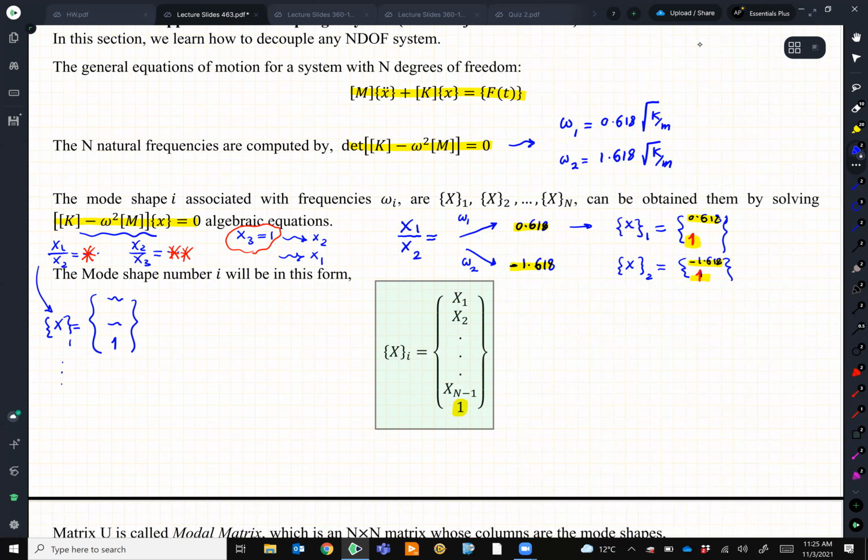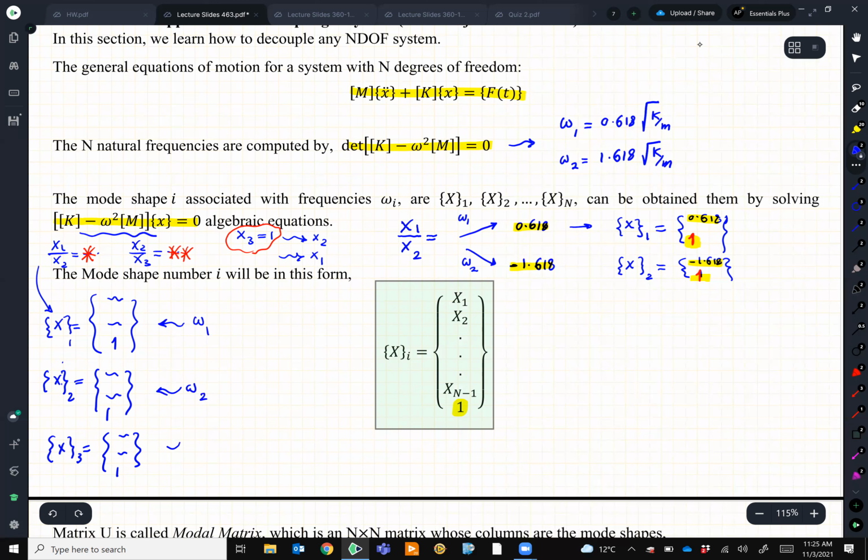Because remember, you have now 3 natural frequencies. So the same things for mode 2. You have 1, some numbers here, and mode 3. The last one is equal to 1, and you have some numbers. This comes from omega 1, this comes from omega 2, and this comes from omega 3. So far you guys are with me? Okay, any question? We haven't done anything special.